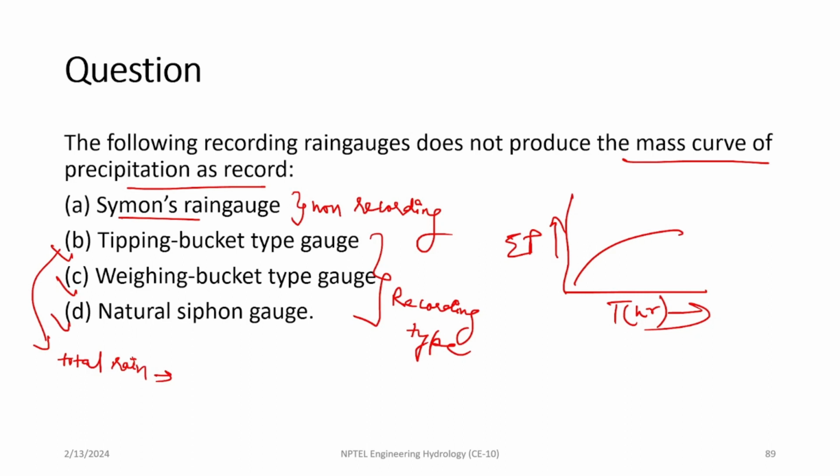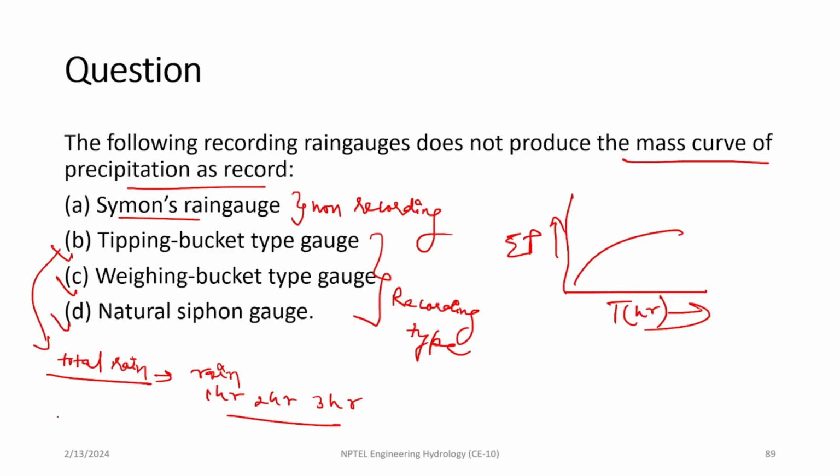We are not getting the rainfall value at every interval, in the sense of 1 hour, 2 hour, 3 hour. We are getting only a cumulative value, that is, the total rainfall.